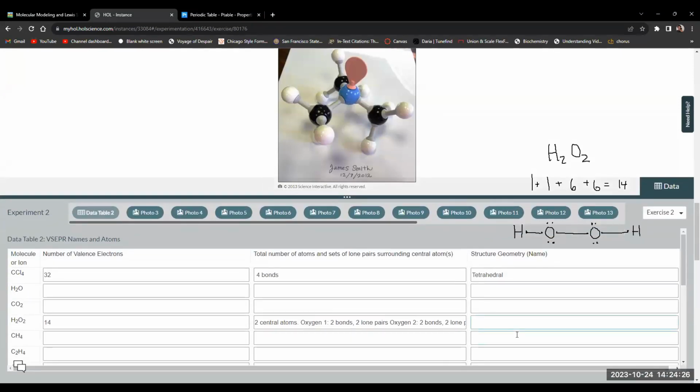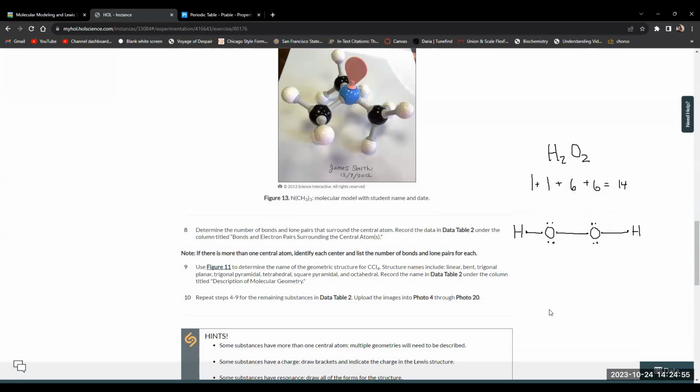So now it's just time to build the structure.